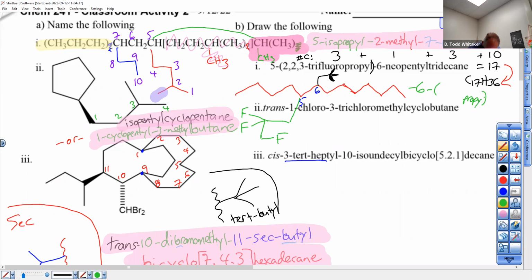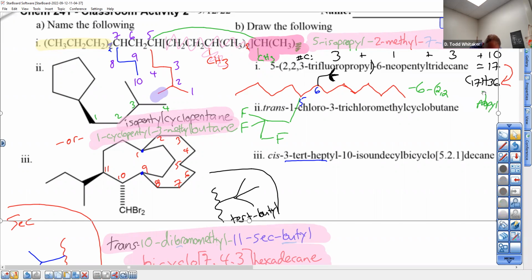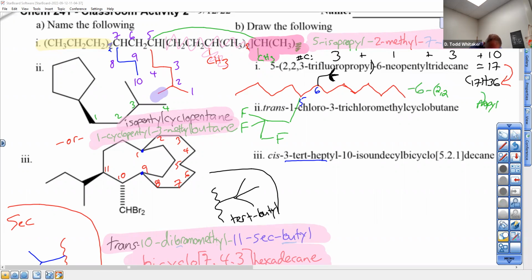Where's carbon number 1 of the propyl group? The one attached to the chain. There's 2 methyls off of carbon number 2. And I don't think I have room. 2, 2. Please. I can't do it. That's why we have erasers, right? 2,2-dimethylpropyl.